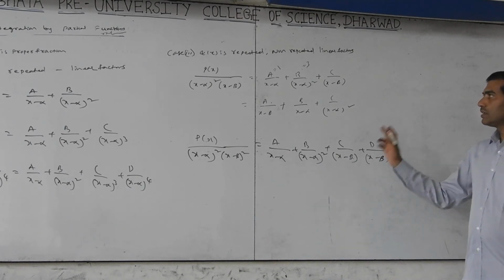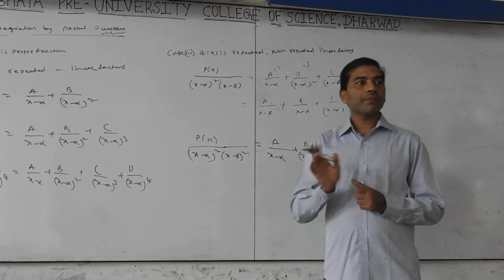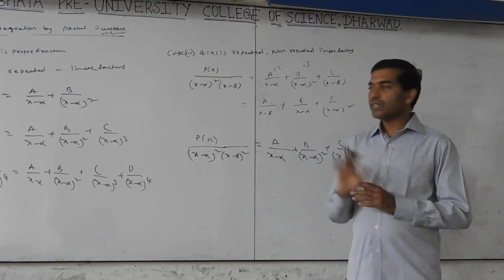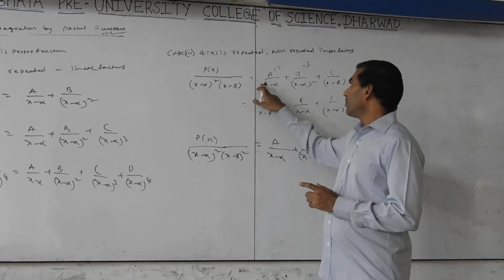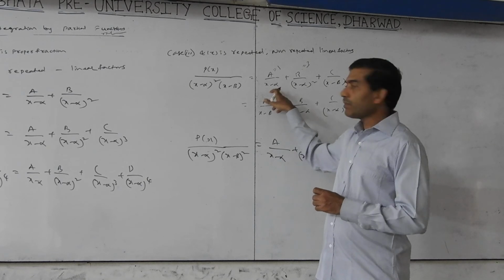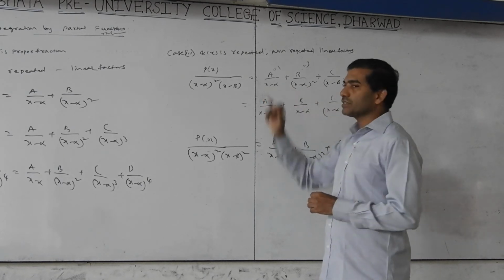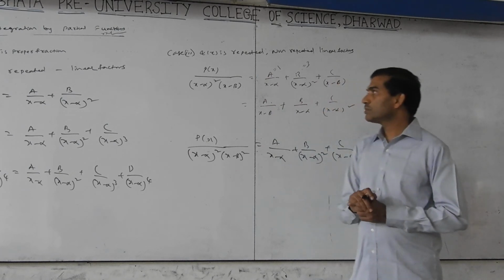Are you following? If the denominator has repeated and non-repeated linear factors, this is the way of splitting into partial fractions. The sum of fractions, these are called partial fractions. So this is a proper fraction.